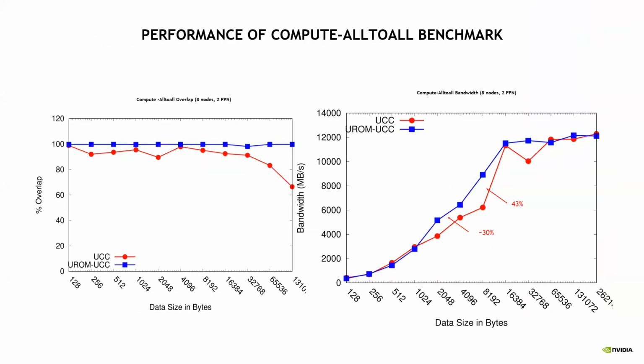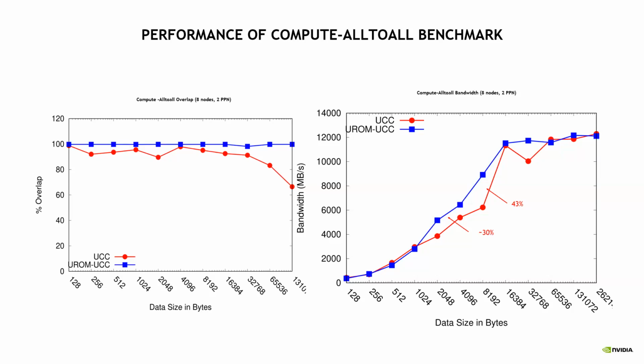These are some benchmarks where you can see the percent of overlap and also the percent of bandwidth improvement that you get when you do an all-to-all benchmark.